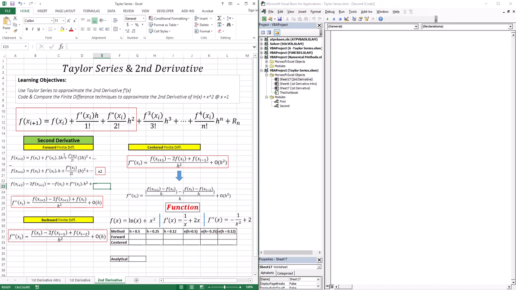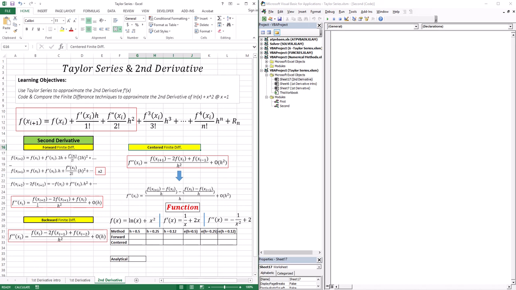Now, through similar processes or manipulations, much like we did here, I can get one for the backward finite difference, and it's going to look like the equation that I have down here. And also through similar manipulations, I'm going to get one for the centered finite difference, which is the one that I have over here.